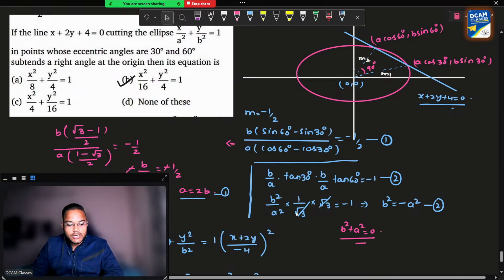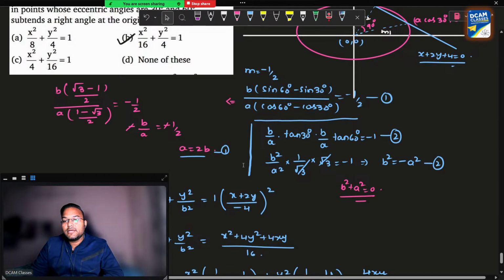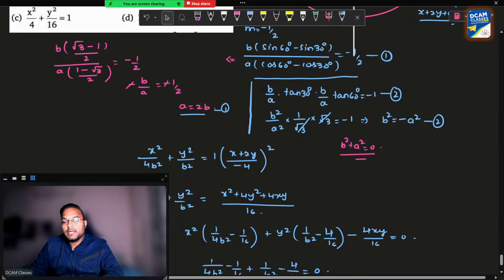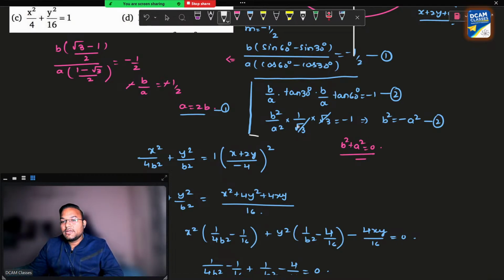According to that, I should be getting b square is equal to minus a square. If I solve this second equation with the first equation, I'm getting nothing, I'm getting imaginary values. That's not working. Something is off. Through this way, I was not getting the answer. Why? I need to check.